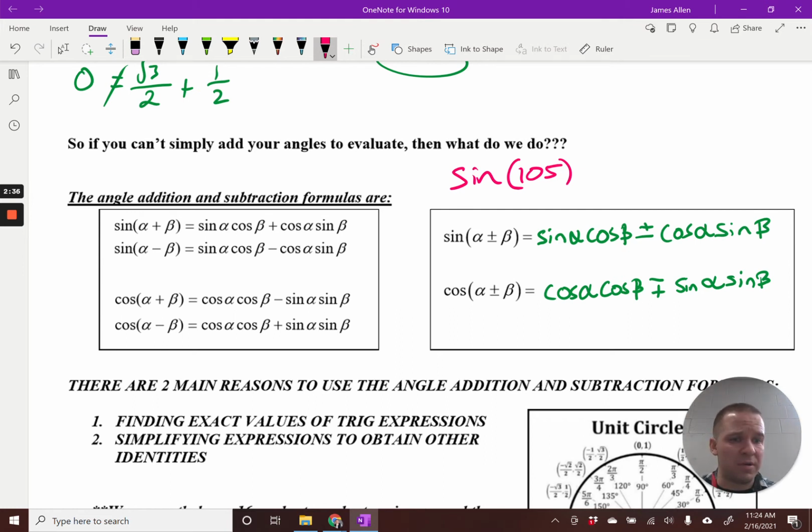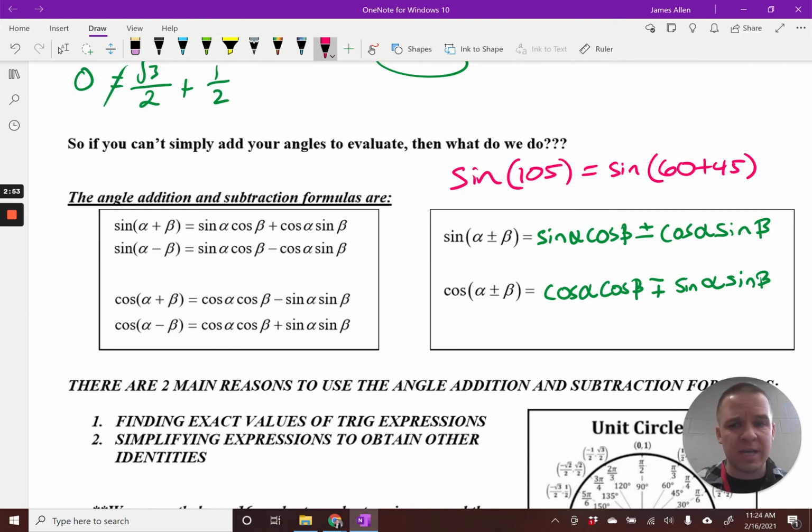That's not a 30, a 45, or a 60 degree reference, but I could break this into 60 plus 45. And then I can expand it into that formula. Now I have 60 and 45 that I'm going to work with, okay? That's what we're getting at here.